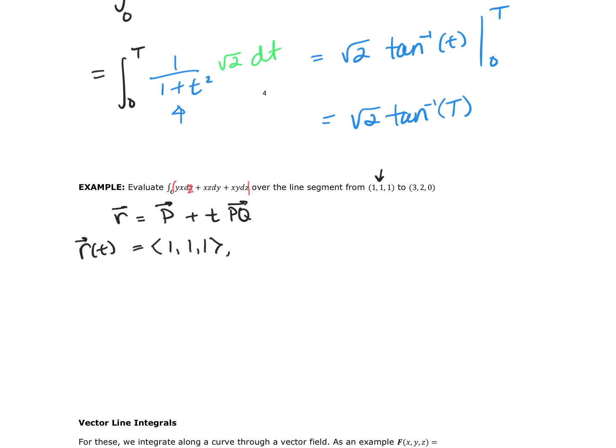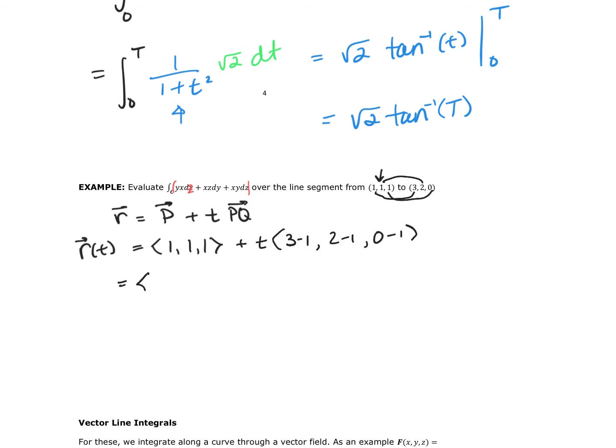So this r of t, P can be written as the vector 1, 1, 1. And this comes from earlier in our book, so Calculus 3 is where this comes from. And then plus t. To go from P to Q, it's 3 minus 1, comma, and then it's 2 minus 1, and then it's 0 minus 1.